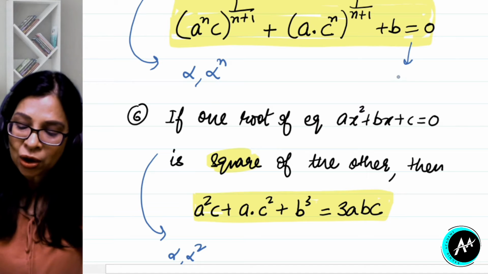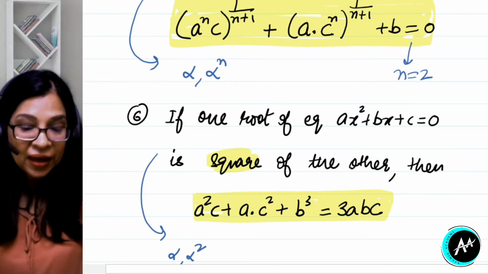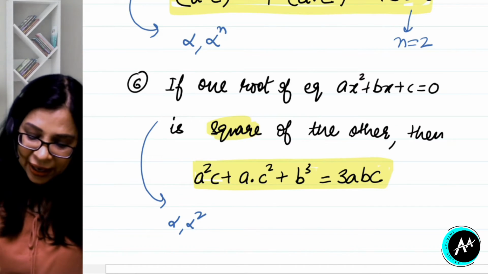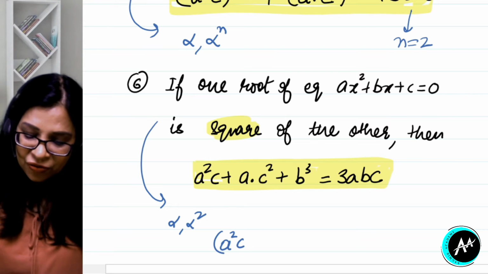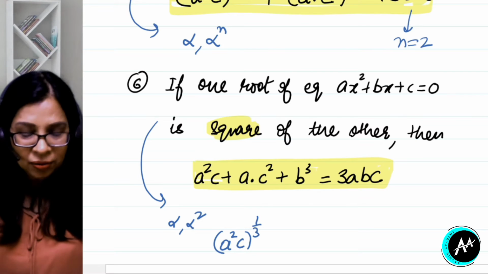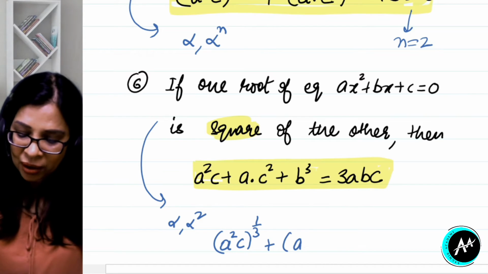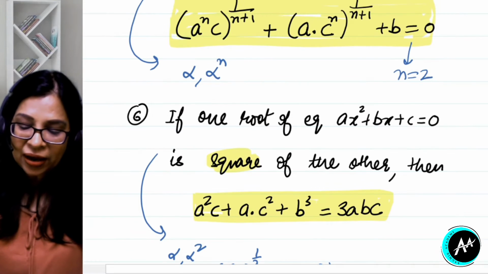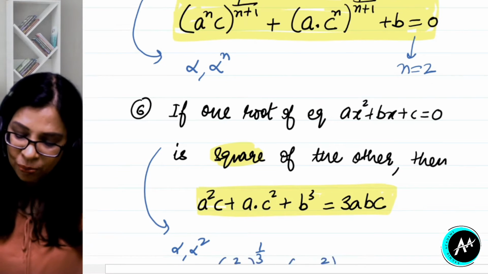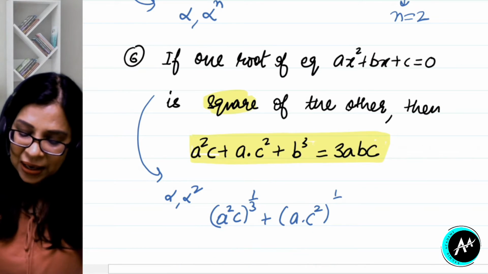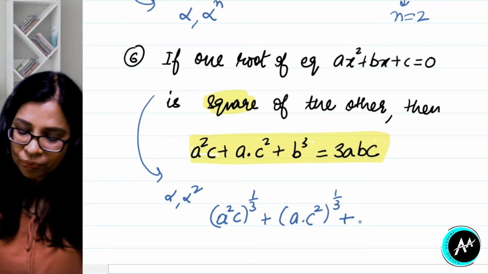If I put n equal to 2 over here, I will get a square c to the power 1 upon n, that means 1 by 3, plus ac square, again to the power 1 by 3, plus b equal to 0. Is it all right?